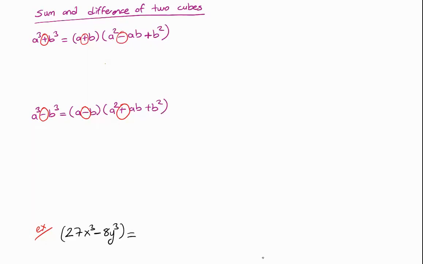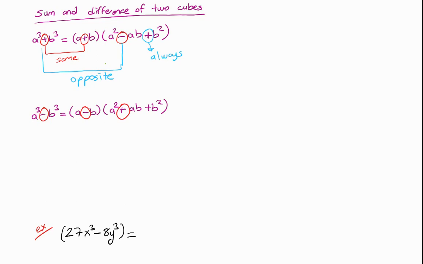If the sign is positive, a cubed plus b cubed, we will use the same sign in the first factor, but here opposite, and here always positive.